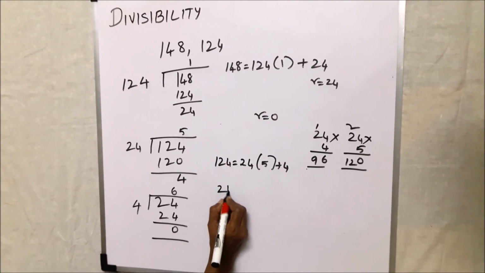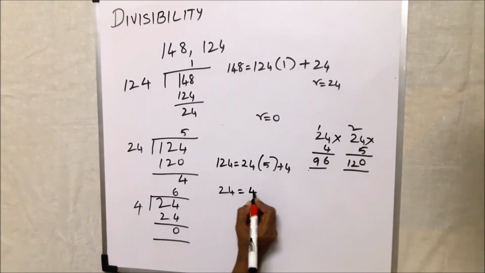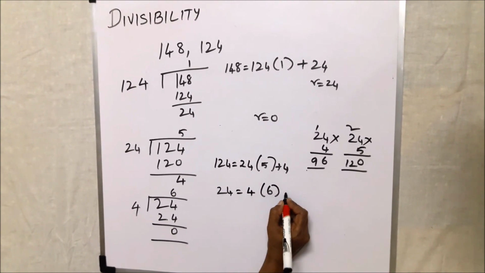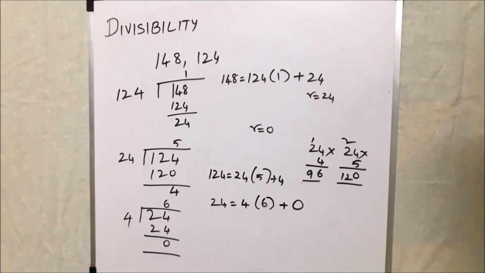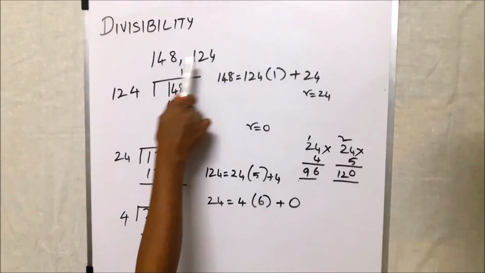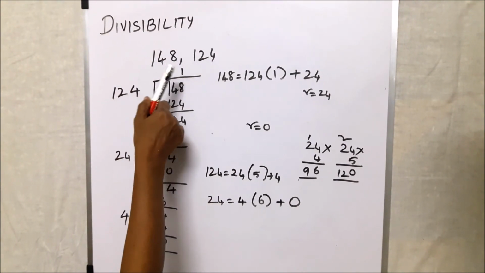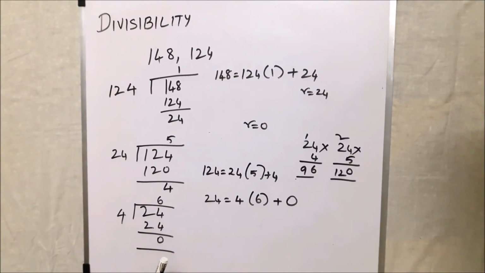So now 24, the dividend, is equal to divisor 4 times 6, and the remainder is 0. When we consider 148 and 124, we are using Euclid's division lemma and finding the HCF.